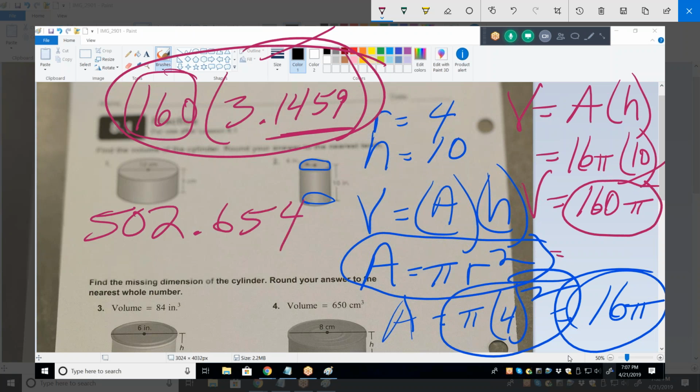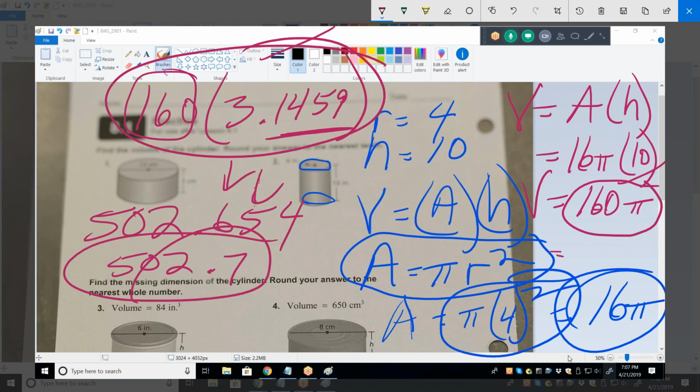Now, round that to the nearest tenth. 502.7. Very good. You got it. As long as this number here is 5 or greater, then you round it up. If it's less than 5, you round it down. It's that simple. Okay, so that's the correct answer.